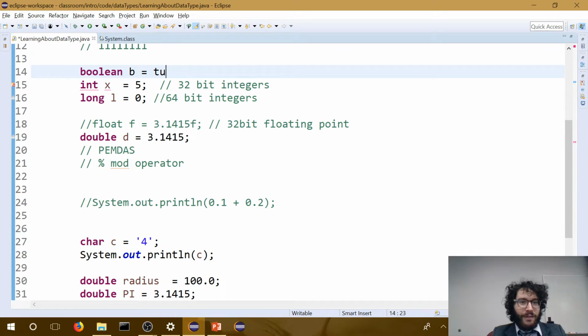These hold only two different values, true or false, and they're used for figuring out logical operations. You'll see them a lot in less than or greater than expressions, but right now we're going to ignore that they exist until about Monday.